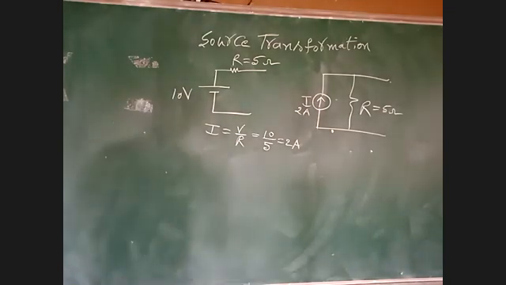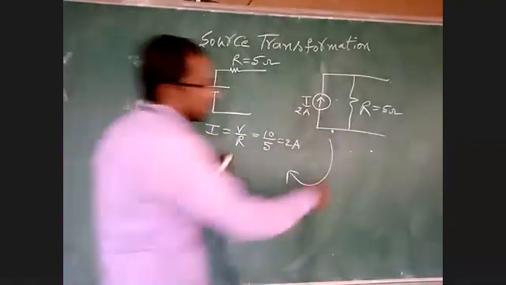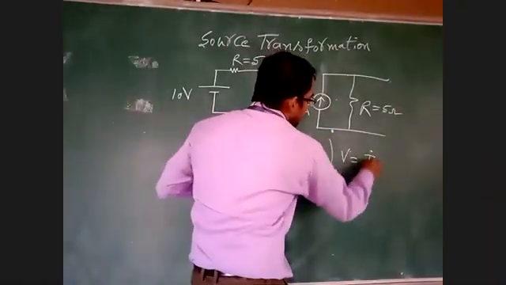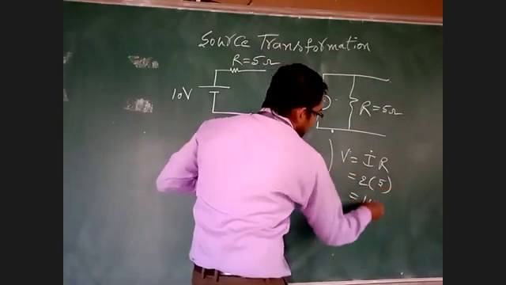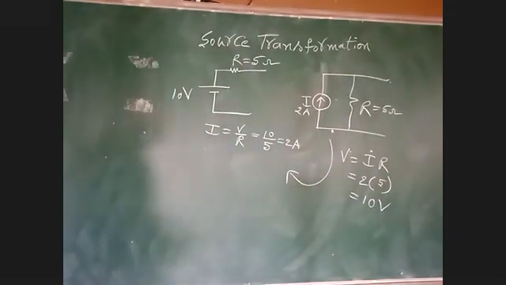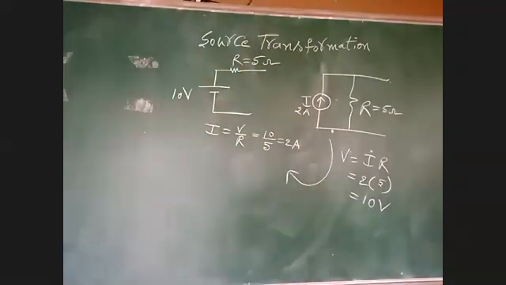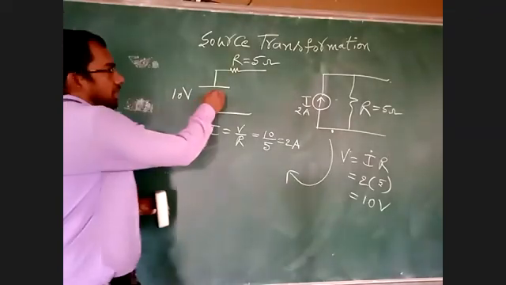Now we will convert current to voltage source. How will we convert? See here, V is equal to I into R. Now 10 volts. One thing we have to remember here, see negative to positive.